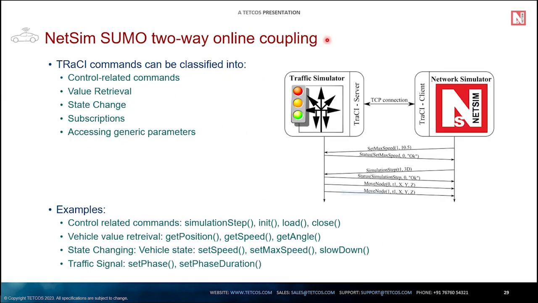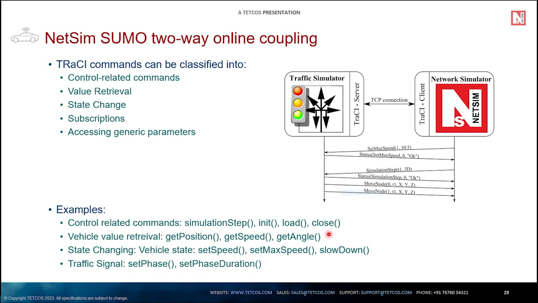TraCI commands are available for simulation control, object value retrieval, object state change, subscriptions, and accessing generic parameters from SUMO. For example, stepping the simulation, closing the simulation, etc. are associated with simulation control.